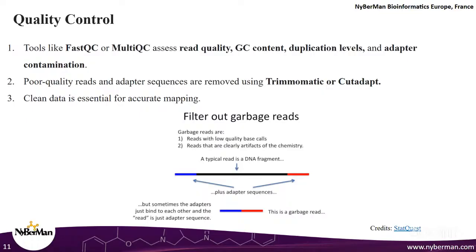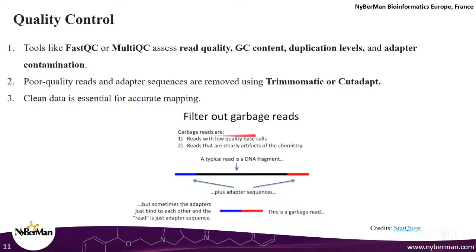But there is no way of getting rid of them biologically or chemically, so we have to do it computationally. These tools, as I said, Trimmomatic or Cutadapt, help us identify these adapter sequences because they are universally agreed upon. Everybody knows the sequence of these adapters. We can look for those sequences in our data and choose to remove them.